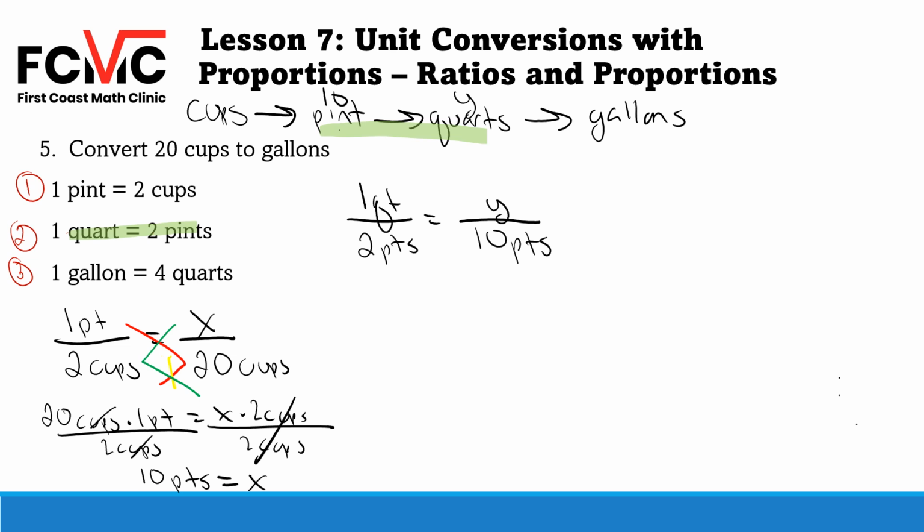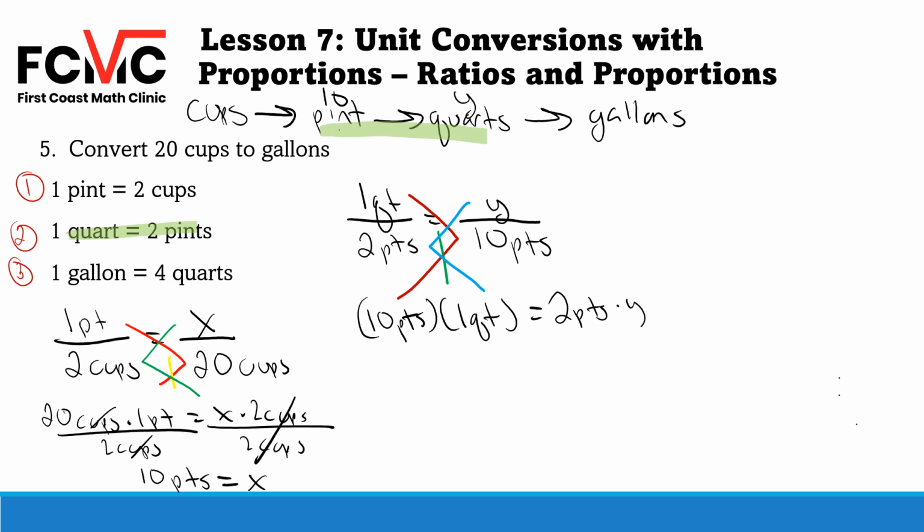So let's cross multiply. Bring down the equal sign. Cross multiply. So we'll get 10 pints times 1 quart equals 2 pints times Y.